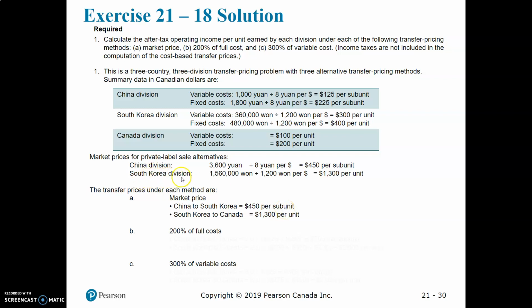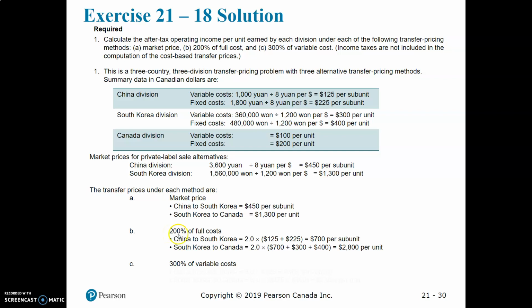Similarly, the South Korean division sells units for $1,300 to other South Korean distributors. That's the information we are going to assume when South Korea sells units to our Canadian division. So our market price is going to be $1,300 per unit.